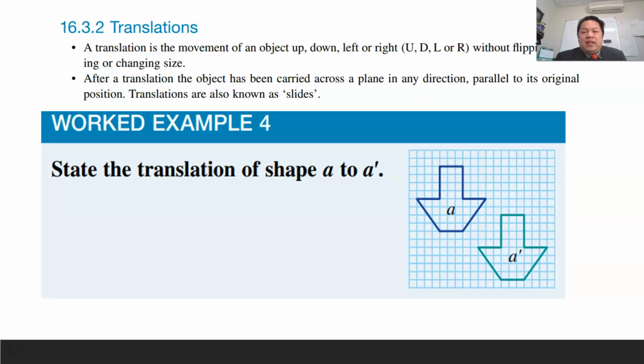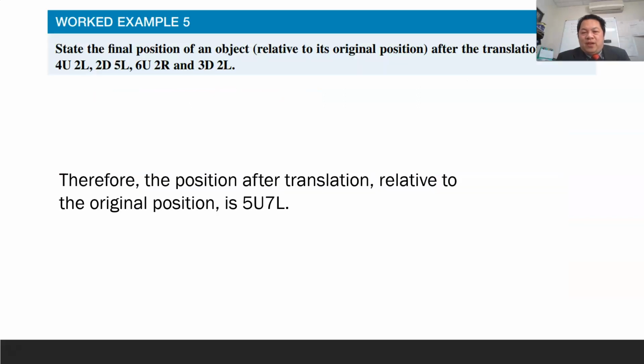State the translation of shape A to B. If I use 1 point as a reference, I have to move 8 right and 6 down. So the translation is 8 right, 6 down. What happens if I have a series of up and down, left and right movements? Don't be too worried about it.